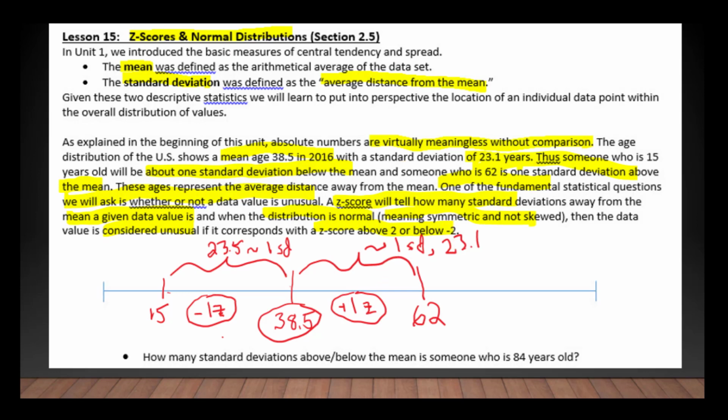In other words, if I get another z-score here, another 23.1 years, I'd be at about 85 years old. And if I had another -1 z-score here, it would be very unusual because it's below 0, which is not quite possible, is it? But if it's above or below 2 standard deviations in a normal distribution, then it's considered unusual.